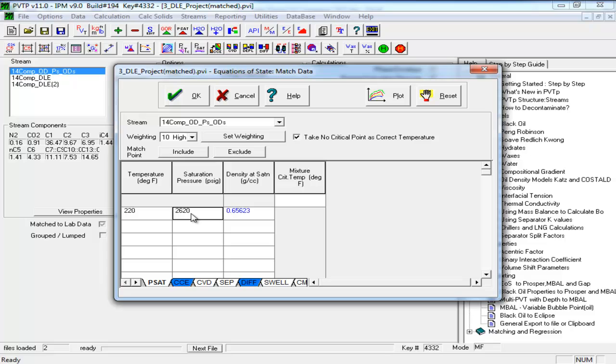Then I will use a number. When I multiply that number, I will make this error higher. It means I increase the percentage of error. Then, from that number, I will force the equation of state to match that property more than others.